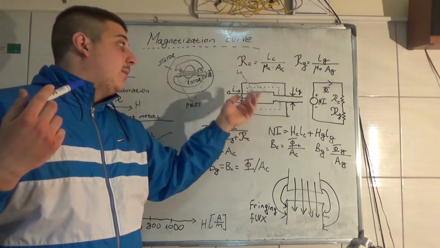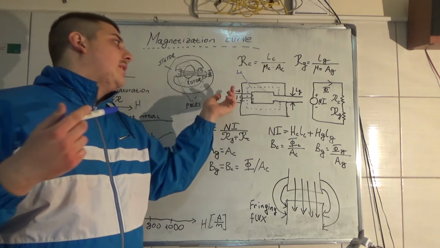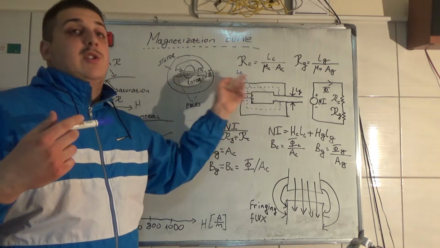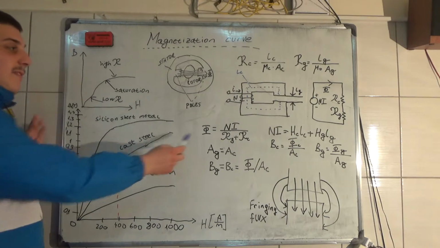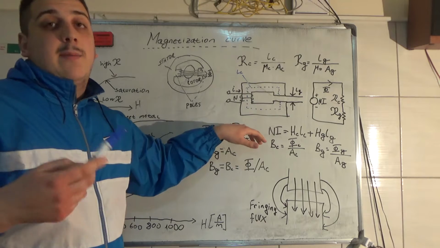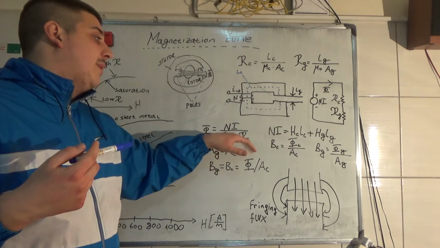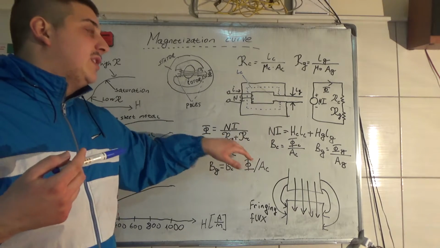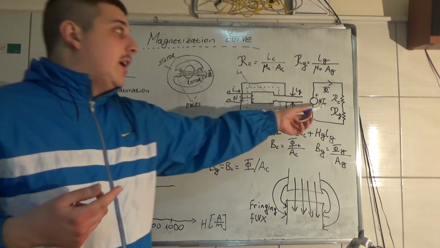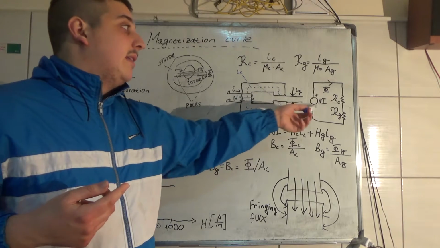So that's the magnetomotive force that we brought here on this coil. The flux is equal to N times I, number of turns times the current we brought here, divided by the sum of these reluctances. Here is an equivalent circuit to this magnetic circuit.